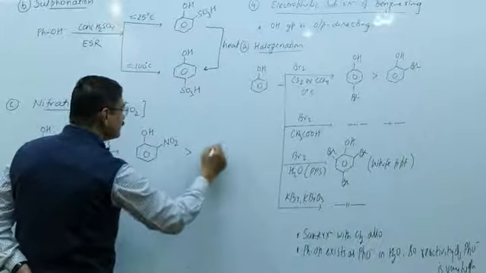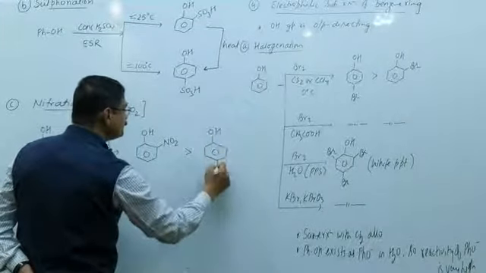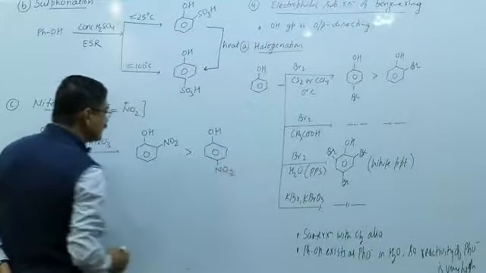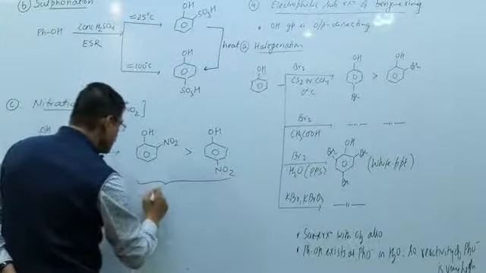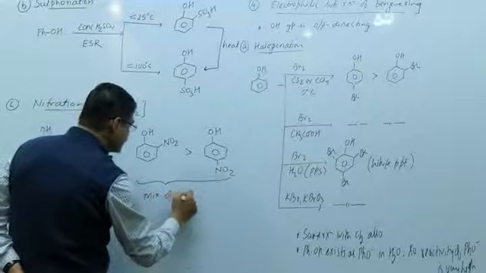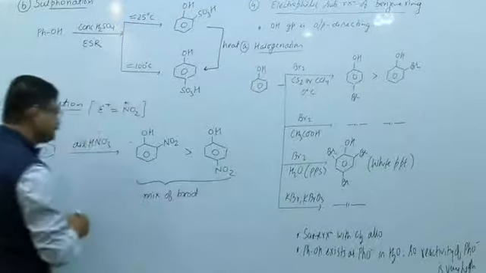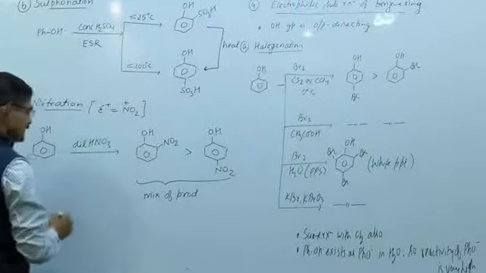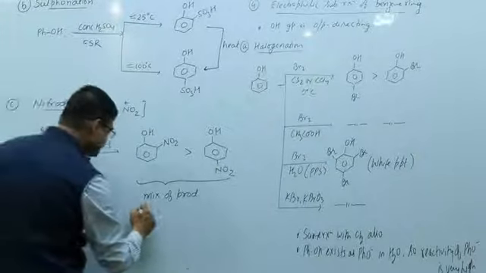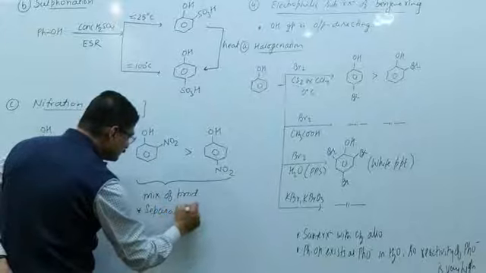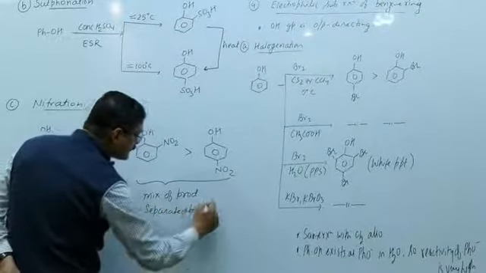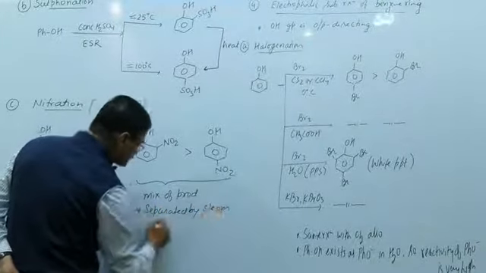ortho-nitrophenol and para-nitrophenol. Ortho-nitrophenol is the major product. This is a mixture of products. This mixture can be separated by the steam distillation process.